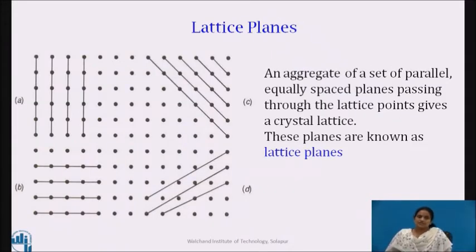So in a crystal, an aggregate of a set of parallel and equally spaced planes passing through lattice points, we call lattice planes. So all the planes that are parallel to each other play a similar role. In a crystal, the geometrical location of a plane is not important, but the position and orientation of the plane is important.